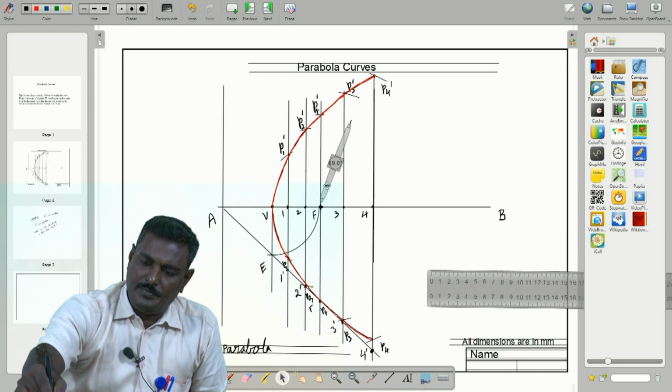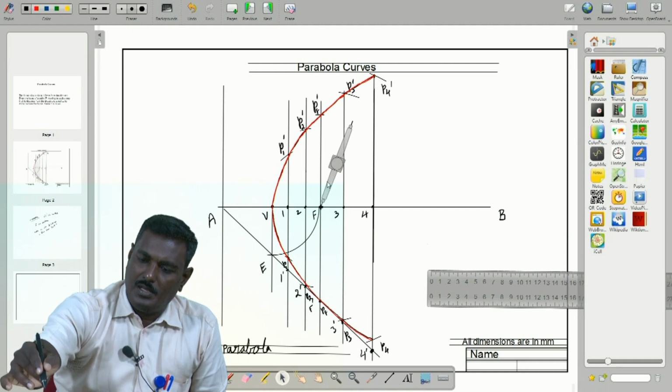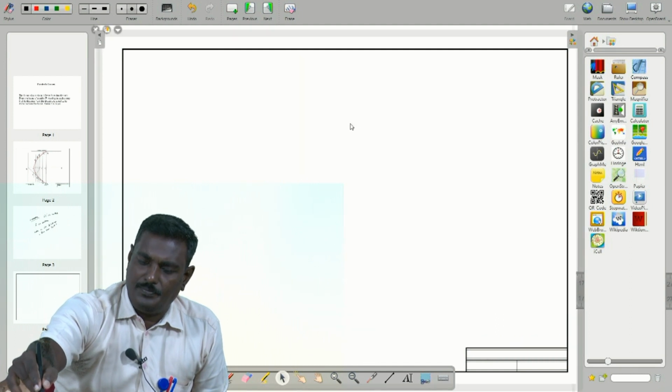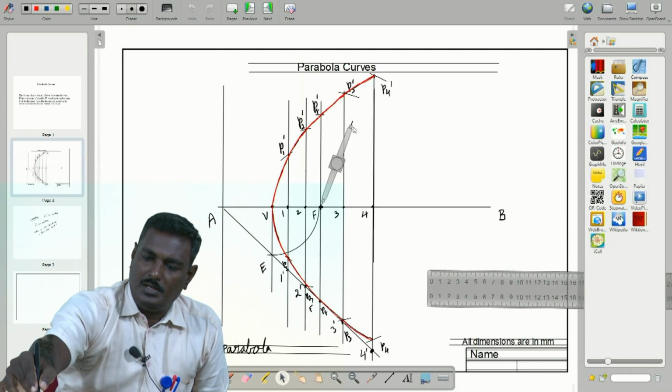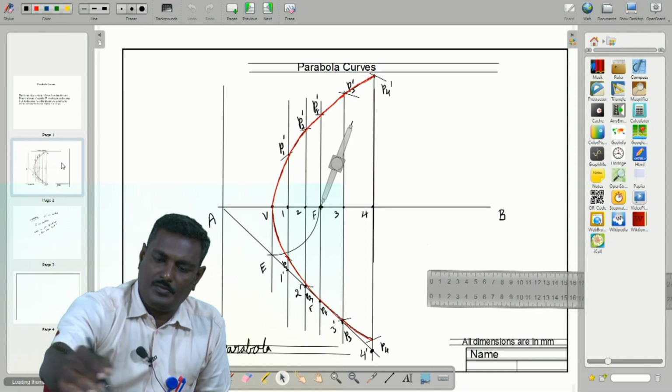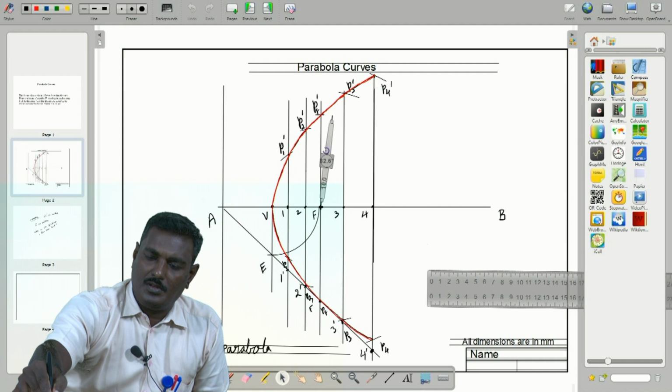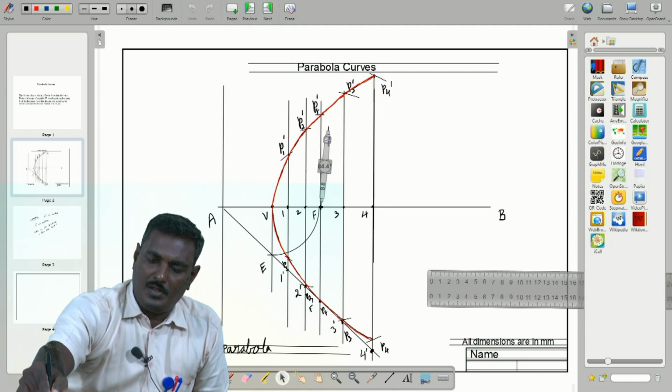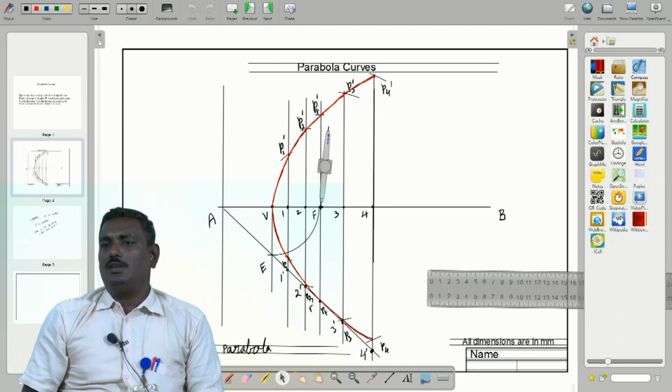With F as center, I draw an arc to intersect the curve. Here it comes at some other distance, so I change it to 8.4 centimeter.